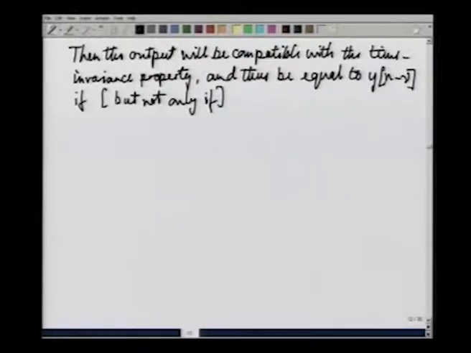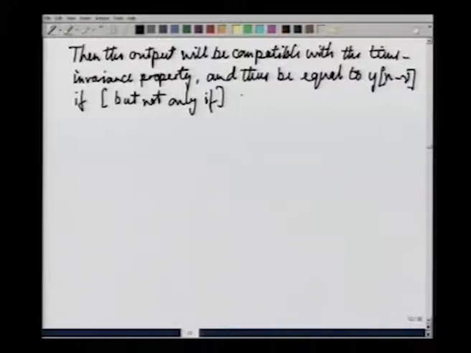it is just a sufficient condition that we are providing here. It is not a necessary condition, as was the case in the discussion on differential equations, the time invariance property in relation to differential equations also. We are only providing a sufficient condition here.